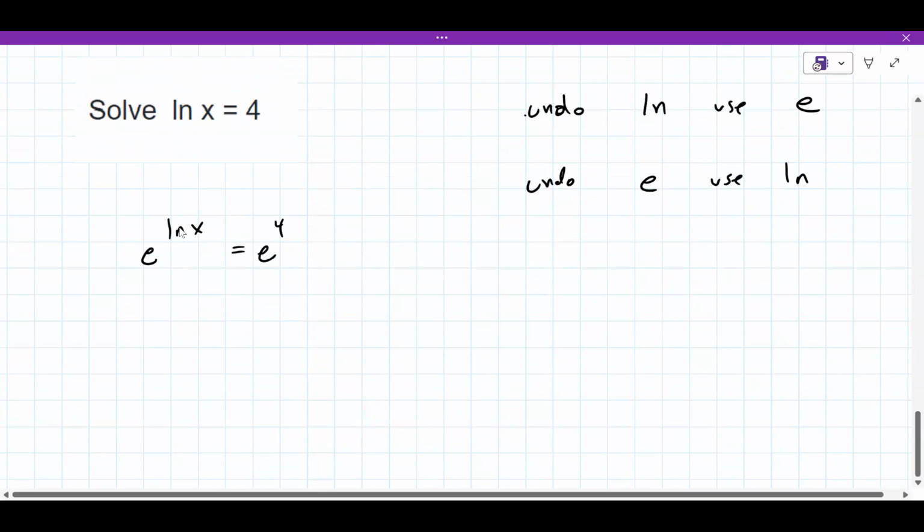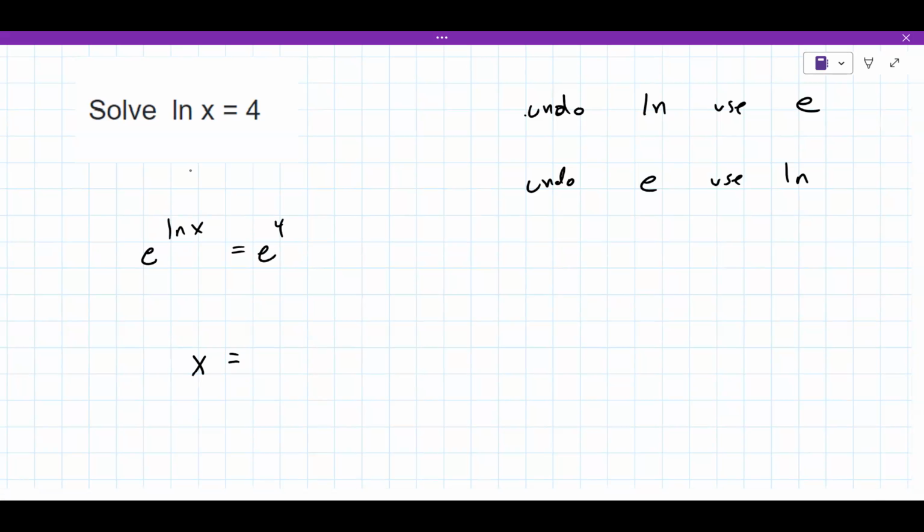In this problem, ln is really base e, so we use base e to undo ln. So x equals e to the 4. E to the natural log of x becomes x, and the natural log of e to the x becomes x. That's the whole point, that they undo each other.